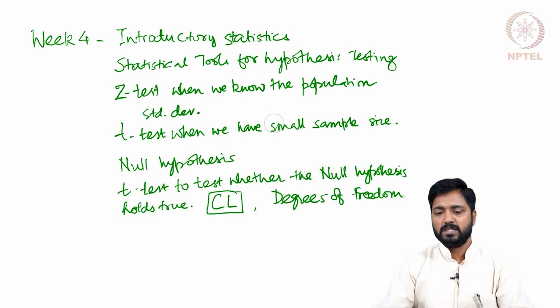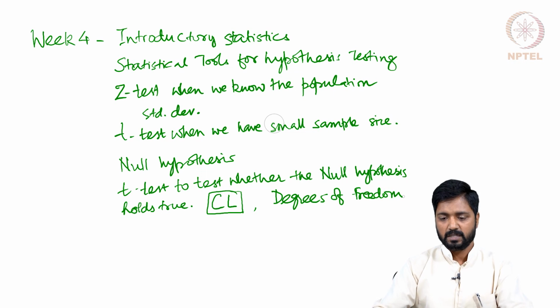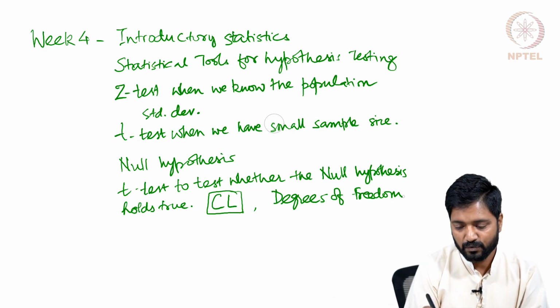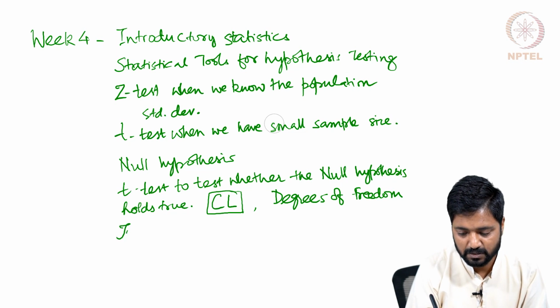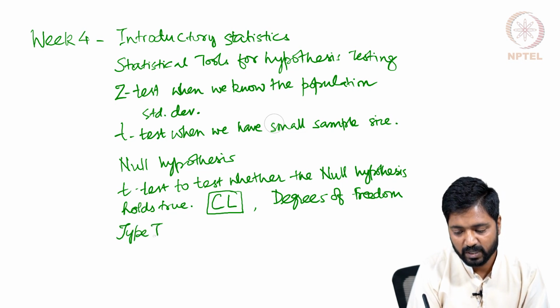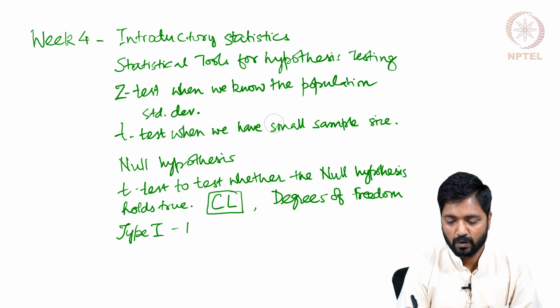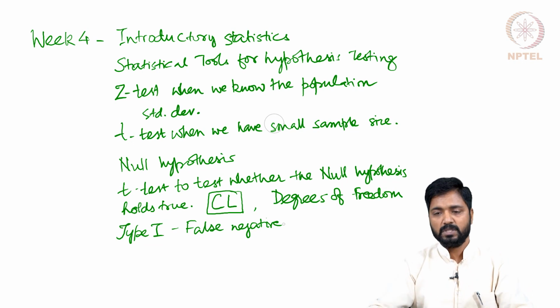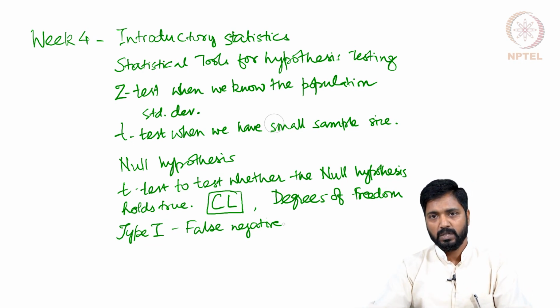And it is here that we also understood that while testing the hypothesis using these statistical tools, we can commit a variety of errors, basically two types actually. So one is the type 1 error, which we call the false negative error, where we reject the null hypothesis even though it is supposed to be true.